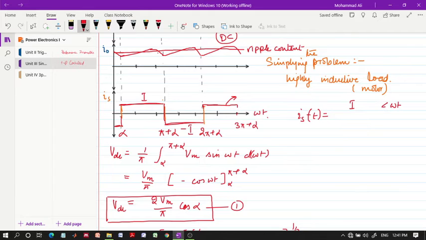Omega t ranging from alpha to pi plus alpha is plus I, and minus I for omega t ranging from pi plus alpha to 2 pi plus alpha.